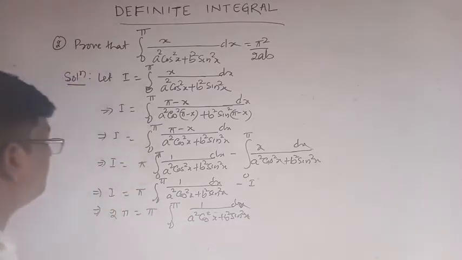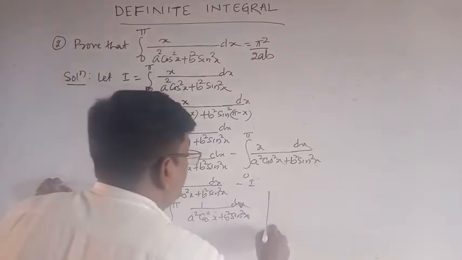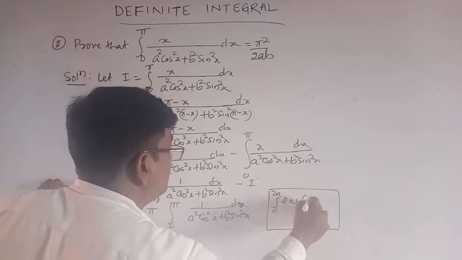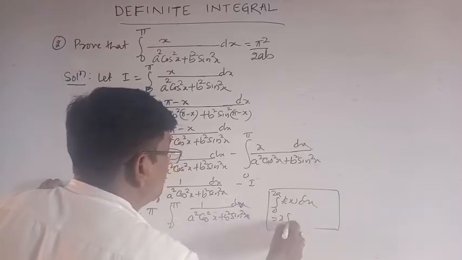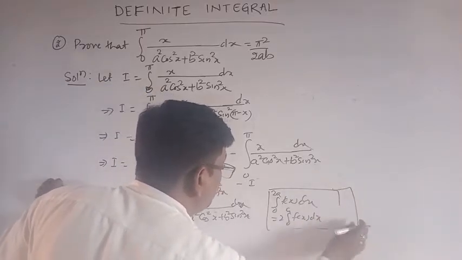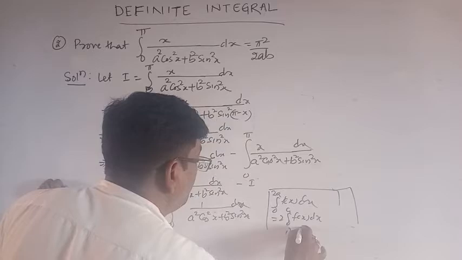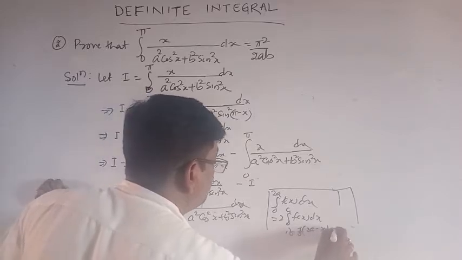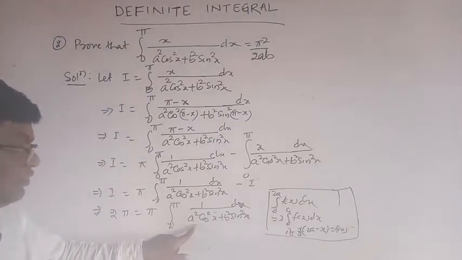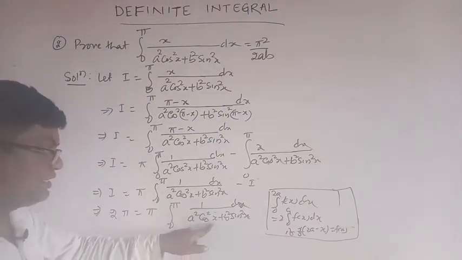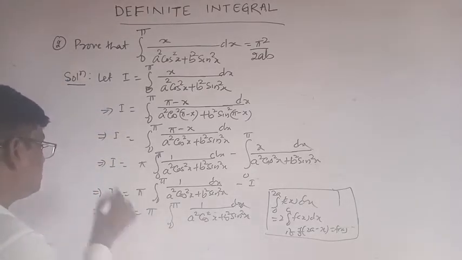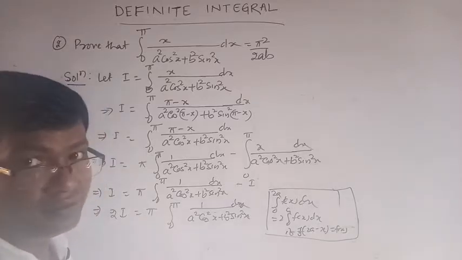Apply property number 7, where f of (pi minus x) equals f of x. So apply property number 8: the integral from 0 to 2a of f of x dx is equal to 2 times the integral from 0 to a of f of x dx, if the condition f of (2a minus x) equal to f of x is satisfied. This property is satisfied here.